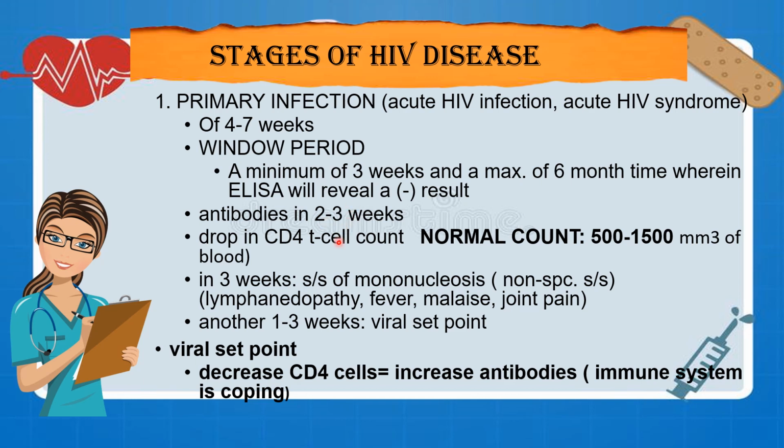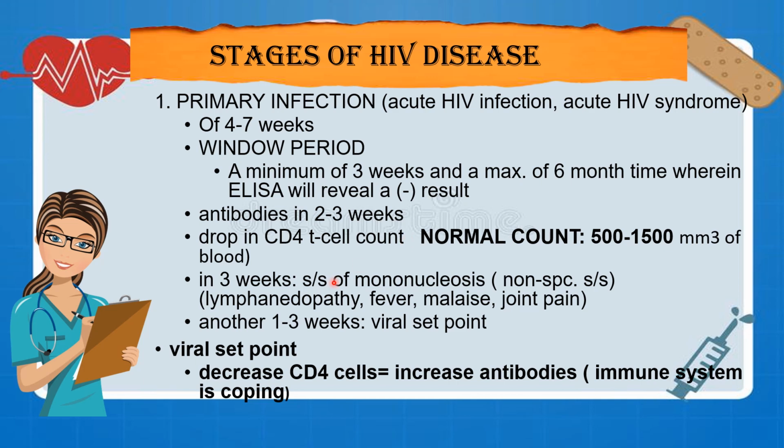So its duration depends on the design and the sensitivity of the antibody immunoassay during seroconversion, or the antibodies could develop in 2 to 3 weeks. So initially, there is a period during which those who are HIV positive test negative on the HIV antibody blood test, although they are infected and highly infectious because their viral loads are very high.